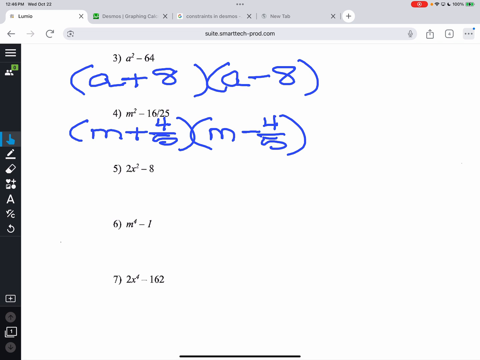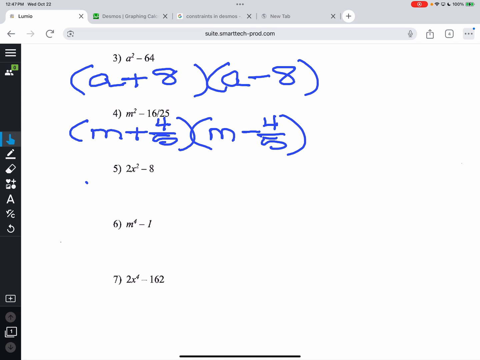Now, number 5. What do you do? What were you told to ask yourself every time? Greatest common factor. What is the greatest common factor? 2.